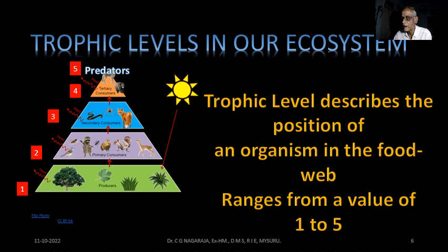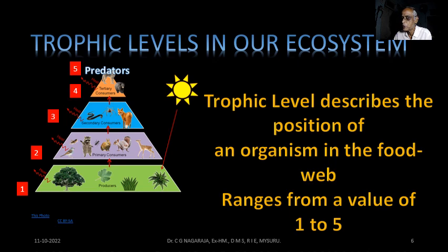What are they? I will explain to you quickly. One, producers means only green plants. They manufacture food and keep it ready for the animals. Then primary consumers depend only on the plants. They cannot eat any other organism. The secondary consumer can either eat some plants or feed on the primary consumers, that is animals.